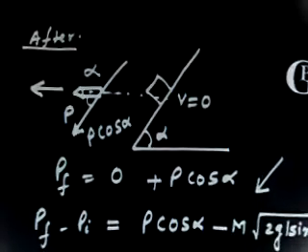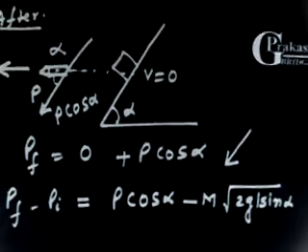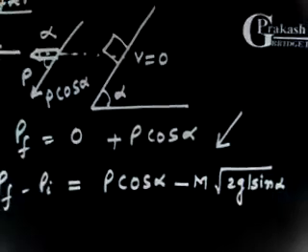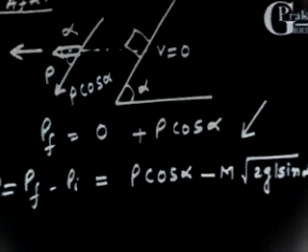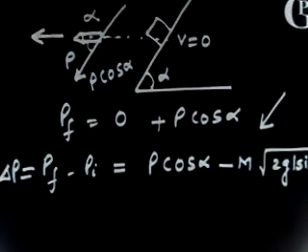So this is the change in momentum. This is the delta p. Both are in the same direction. So this is the change in momentum of cell plus bullet system, the bullet plus cannon system.